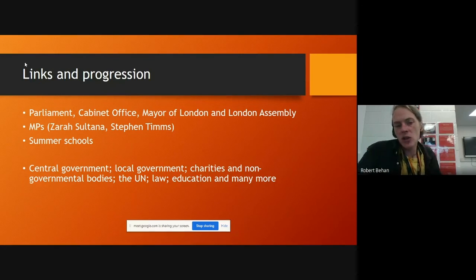Many of our students tend to go on and study law. There's quite a strong connection between politics and law. So if you're thinking about the law route, politics is a really good subject to help you understand how the legal system works, or how the political aspects of the legal system work in this country and globally. Many of our former students have also gone on to become teachers, and many more.